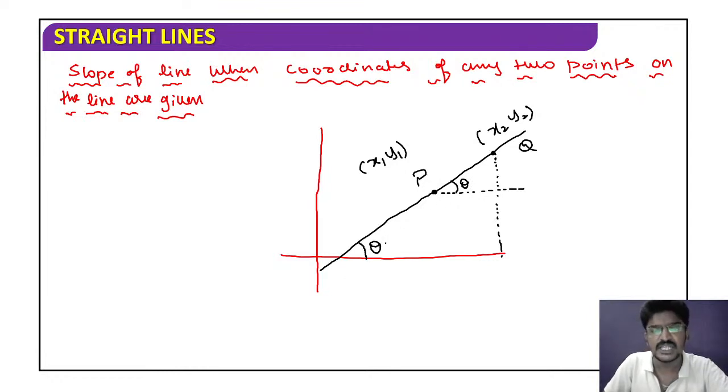So if this is theta, then here the angle will also be theta. Okay. So now we shall define tan theta. Quickly tell me what is tan theta. All of you know that tan theta is what?